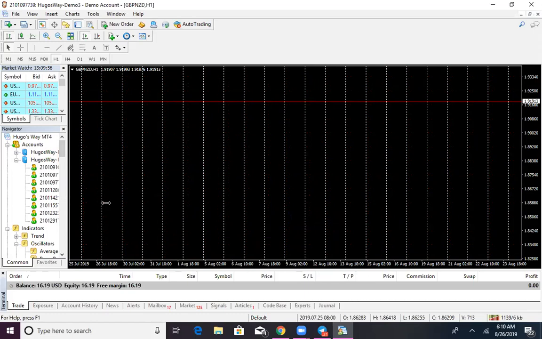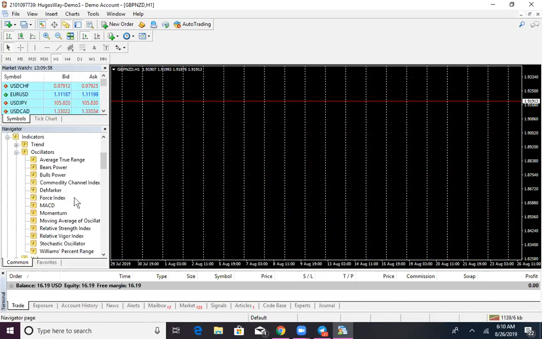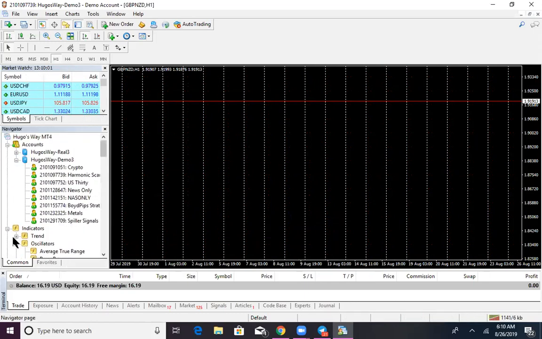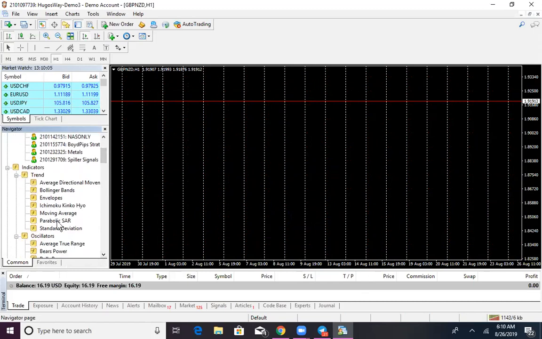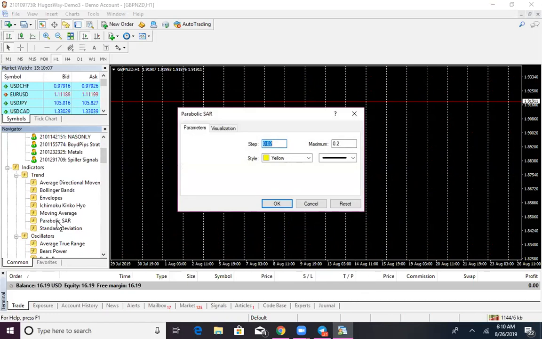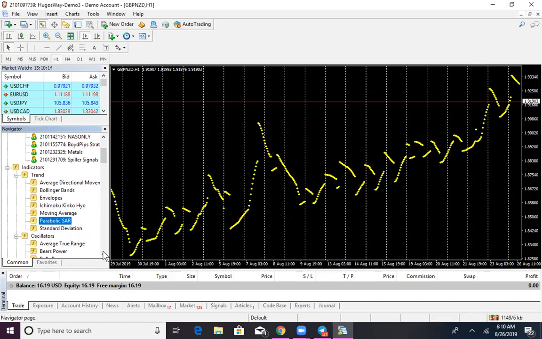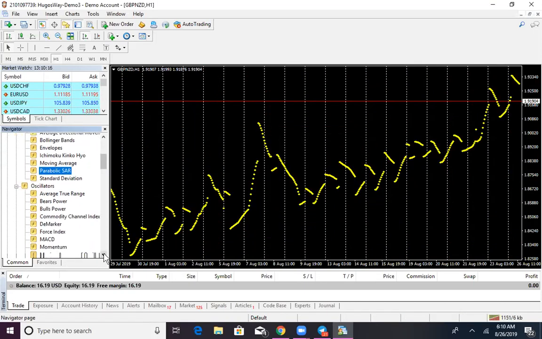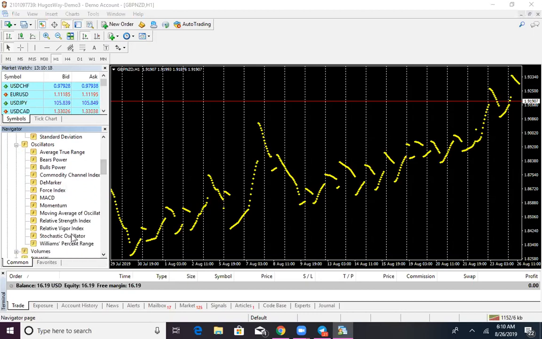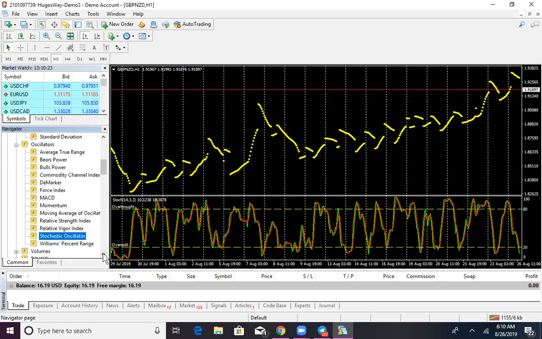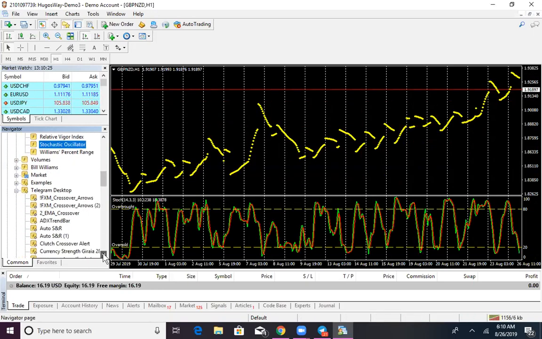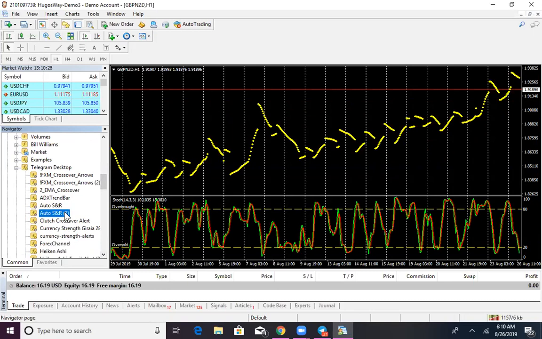So what do I have on my chart? Trend. I have a parabolic support and resistance. Follow support and resistance.